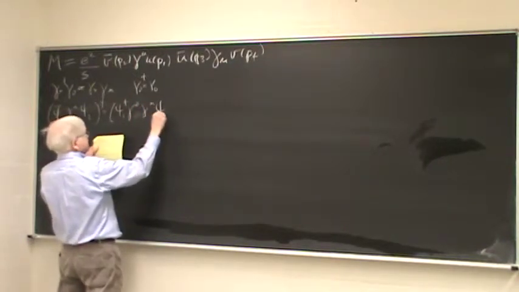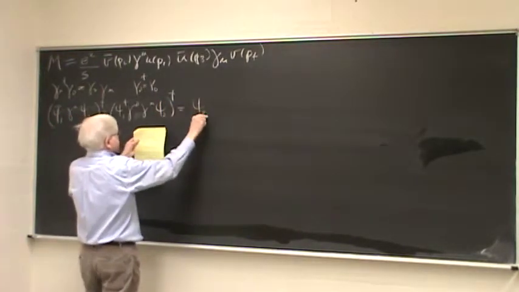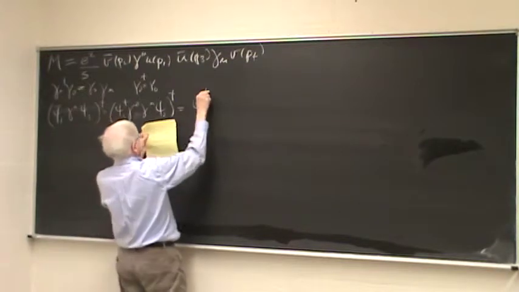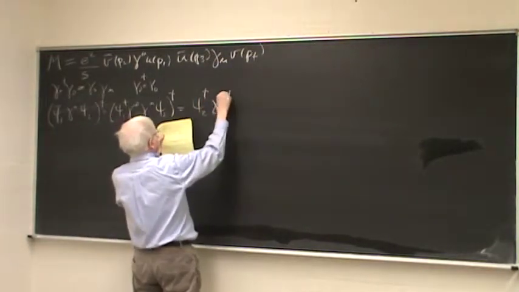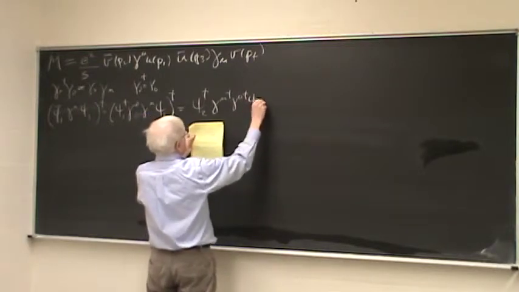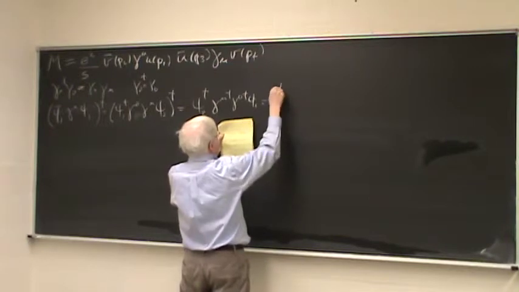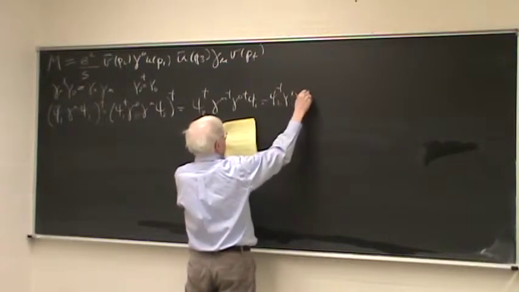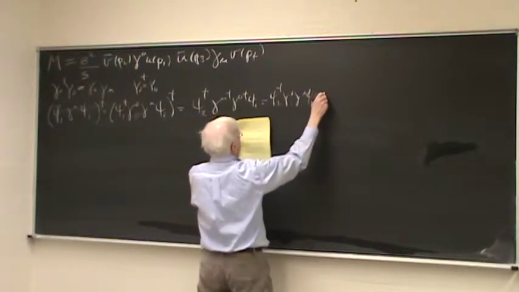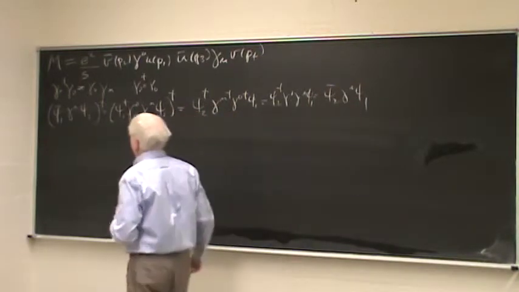So let me just do this. This is psi 2 dagger, gamma mu dagger, gamma 0 dagger, psi 1. And this is then psi 2 dagger, gamma 0, gamma mu, psi 1, and that is psi 2 bar, gamma mu, psi 1.